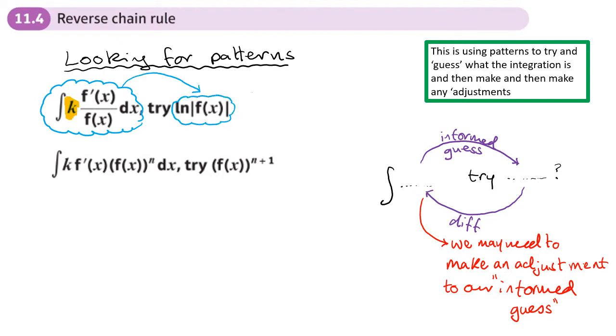Let me give you an example. So let's say I wanted to integrate, I don't know, 3x over 4x squared minus 2. Now I can see that if I were to differentiate the bottom, I'd actually get 8x at the top.